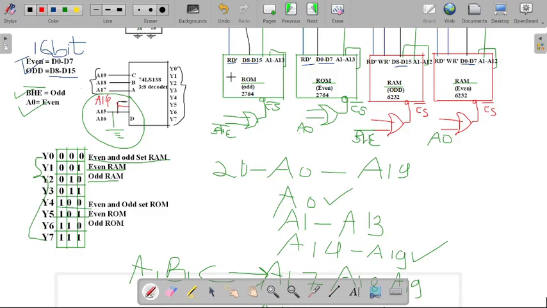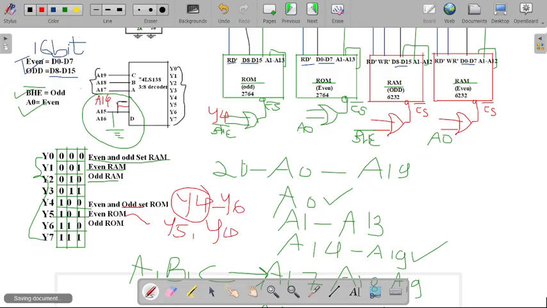Now for the odd ROM, I am taking either Y4 or Y6. So out of those two signals, suppose I select Y4, so I am writing here the Y4 signal to our odd ROM structure. And for the even ROM, I am taking Y5 as well as Y4. So Y4 is already used in the odd structure, so I am taking here Y6, Y5 signal for our even ROM structure.